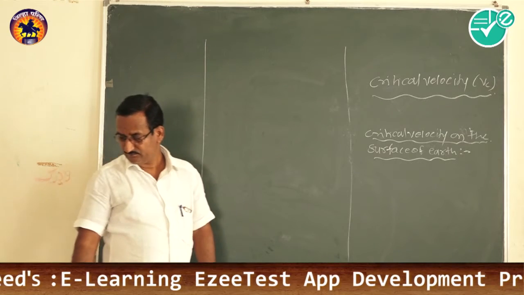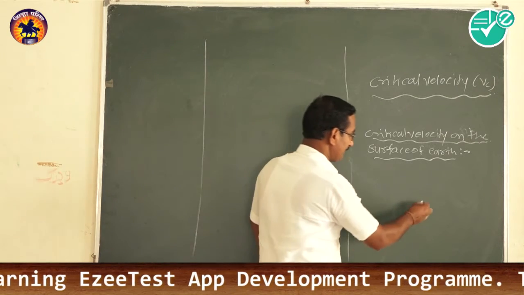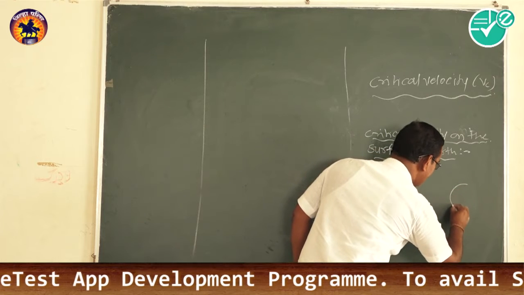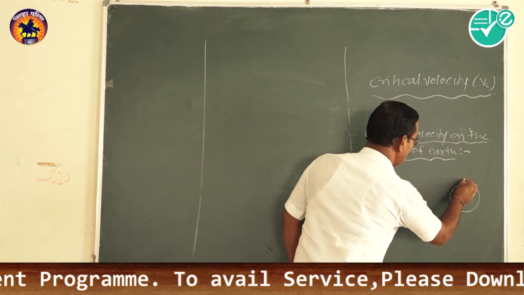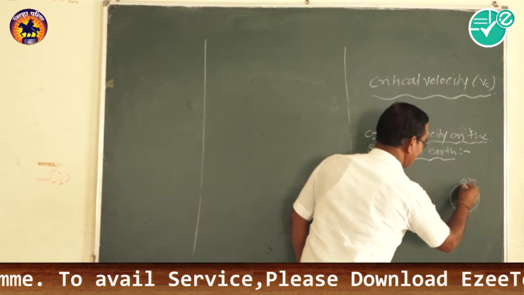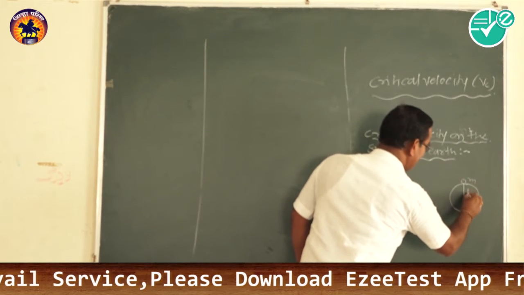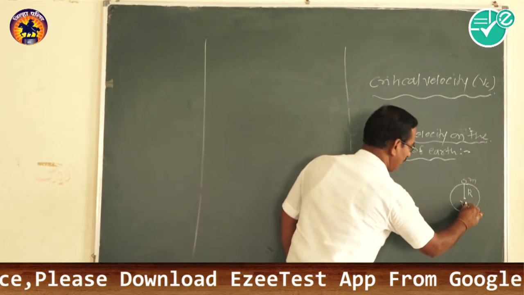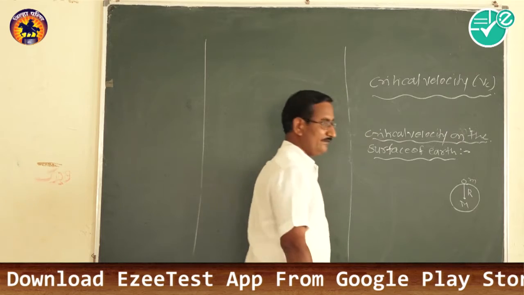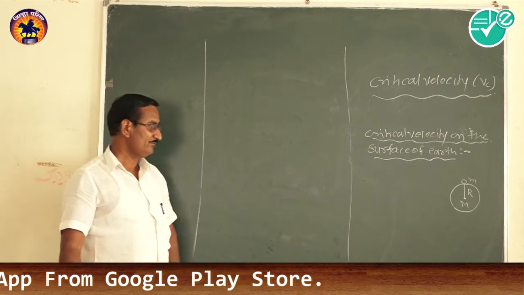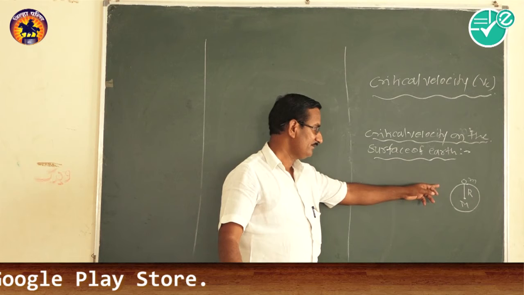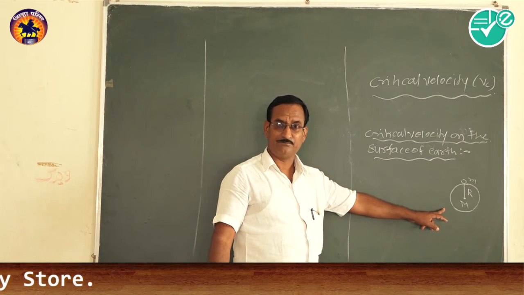For that, we consider a satellite of mass small m which is placed on the surface of Earth.